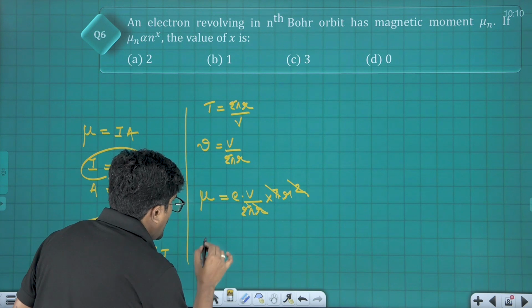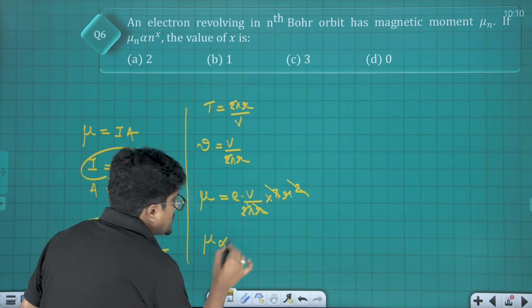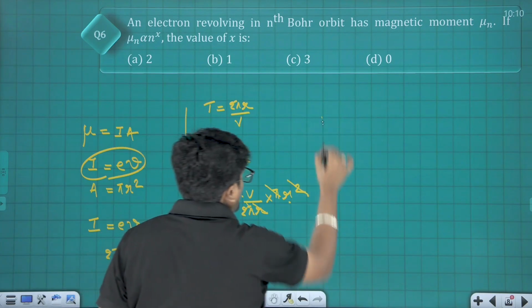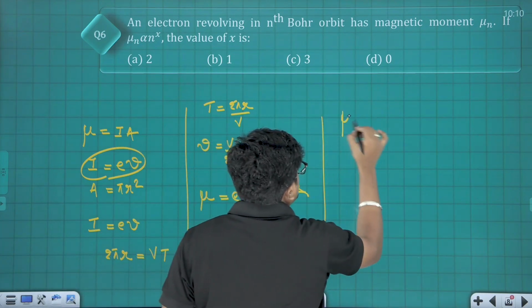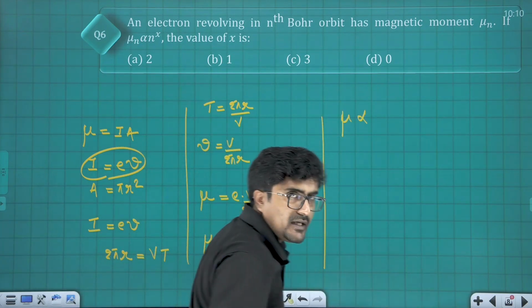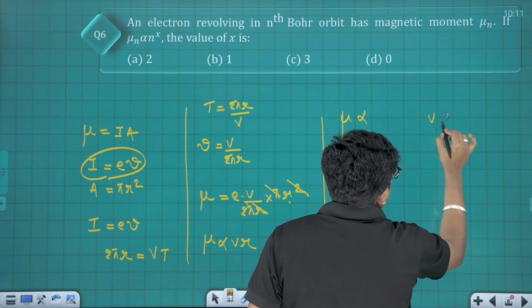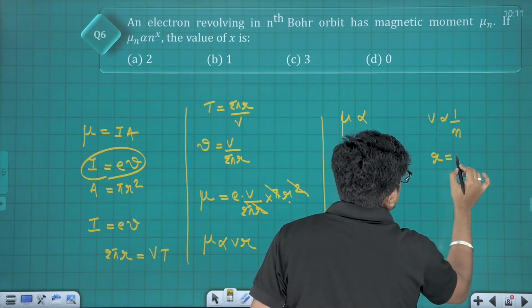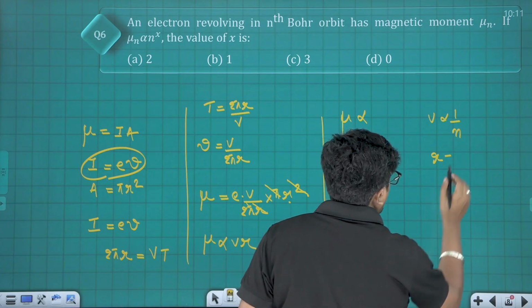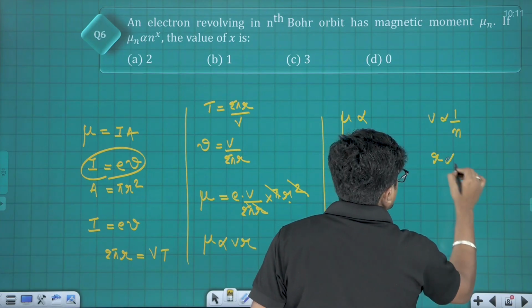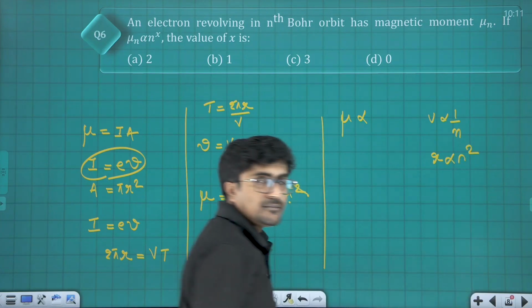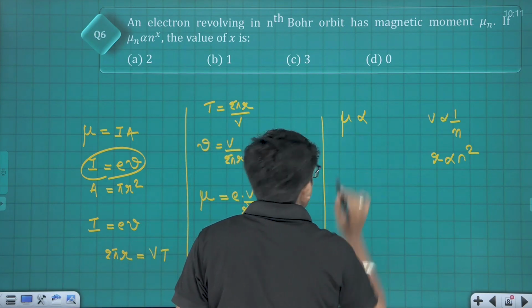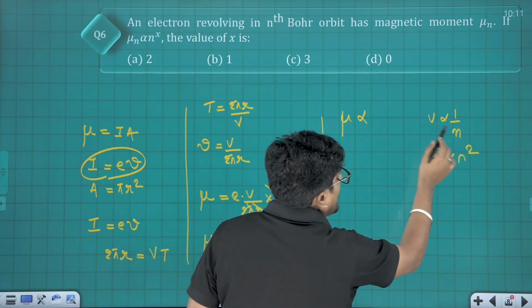So we have now mu proportional to v into r. Now keep one thing in mind, v is inversely proportional to n, and r is proportional to n square.